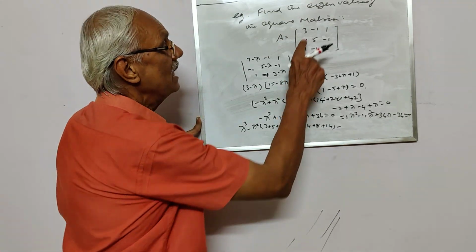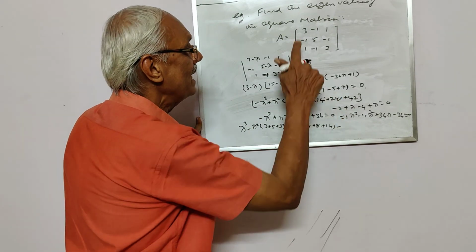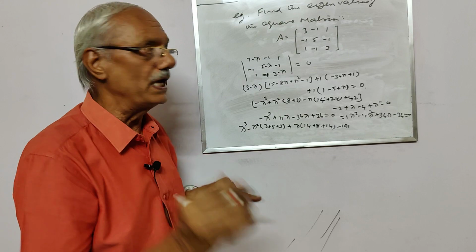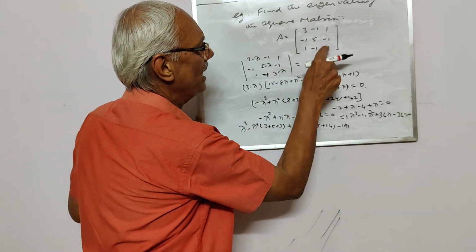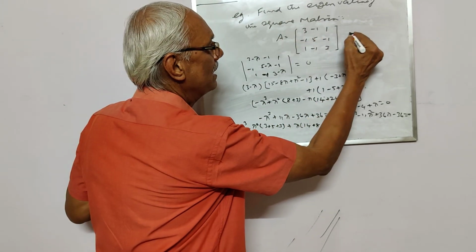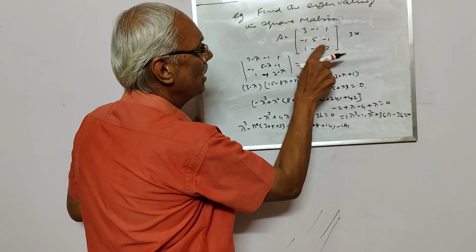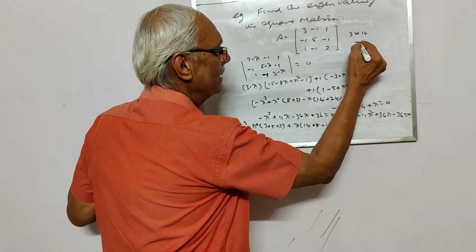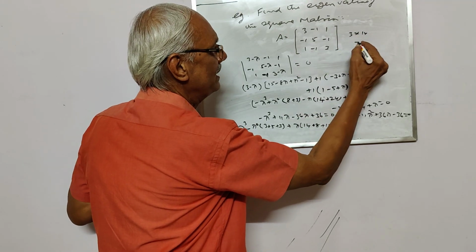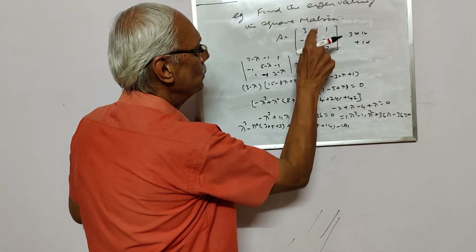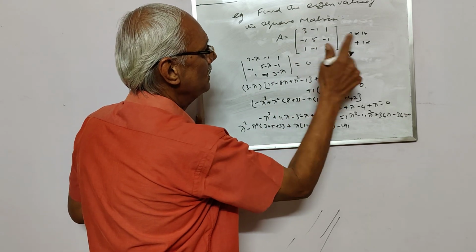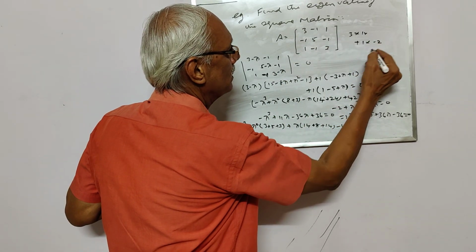Then minus. Now you have to get the determinant of A. How to get the value of the determinant of A? 3 into 5 into 3 is 15. 15 minus 1 is 14. Then minus into minus, second element is plus 1 into, suppress this column, suppress this row, minus 3 plus 1, it is minus 2.